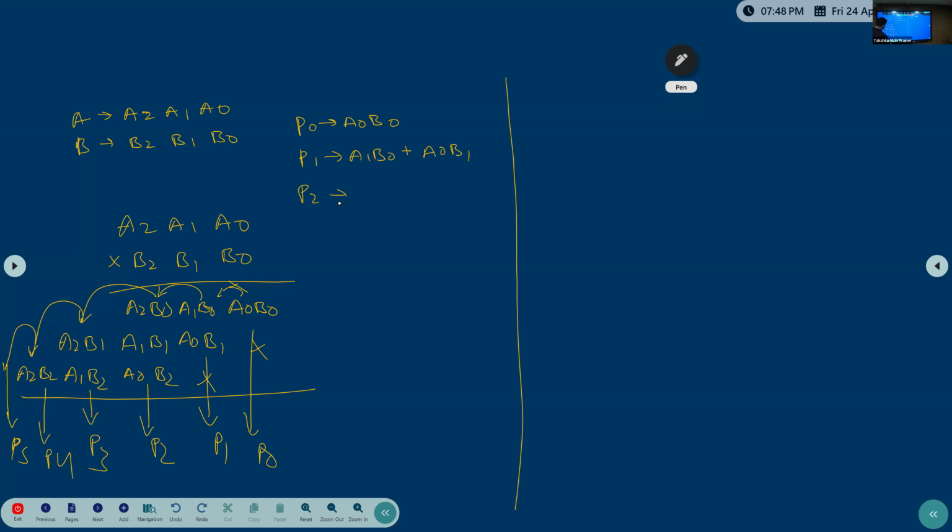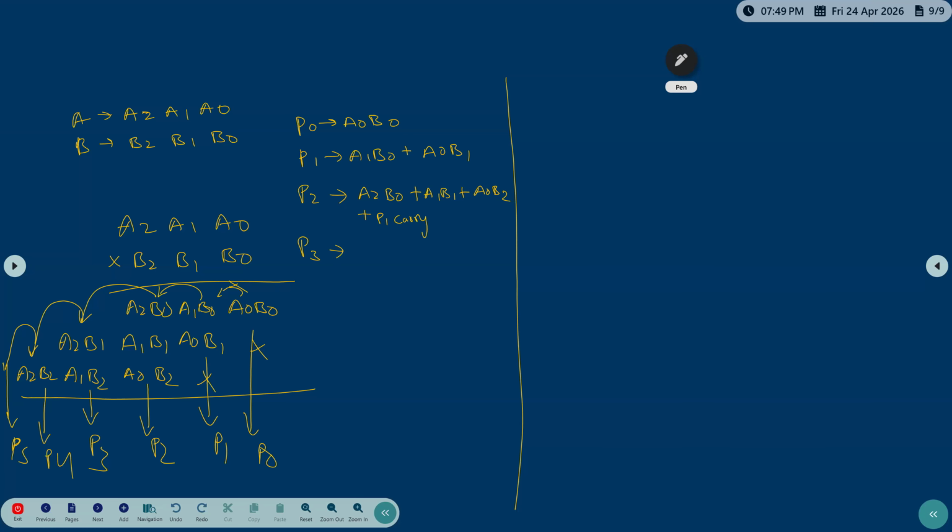P2 equals A2 B0 plus A1 B1 plus A0 B2 plus P1 carry. So P0 carry will not come.